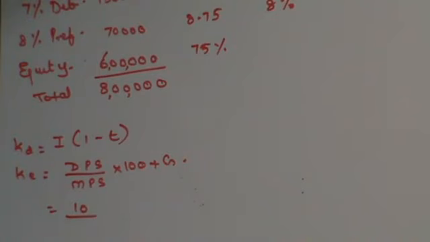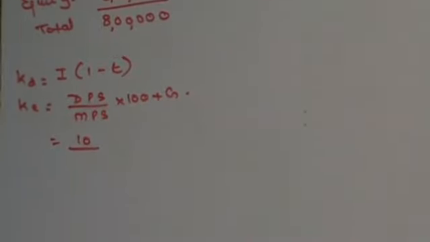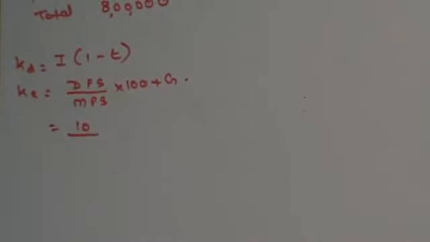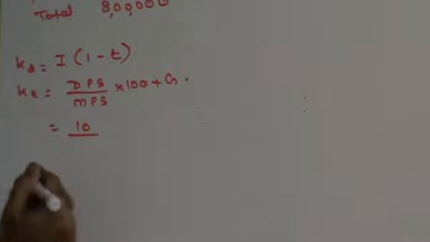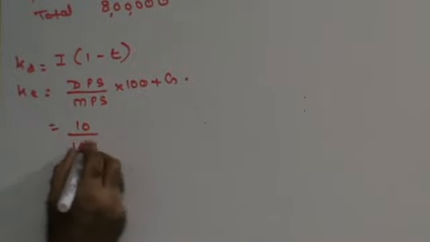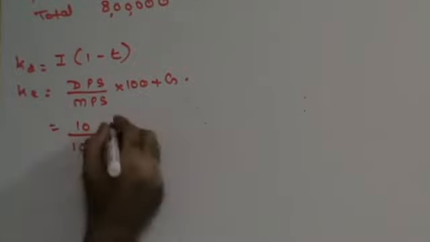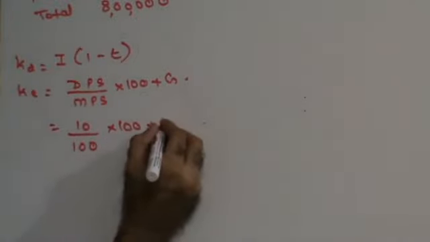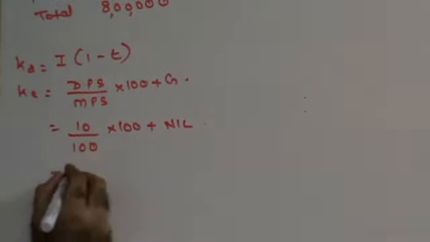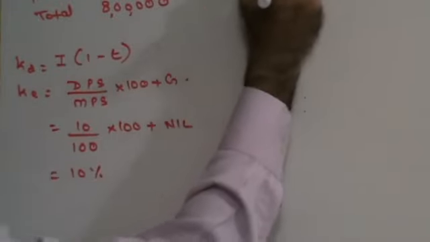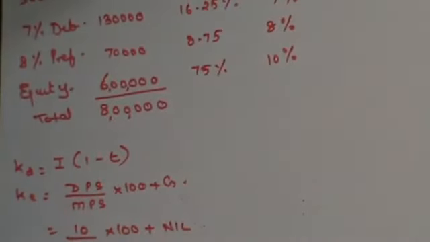All the company's securities are quoted on the local stock exchange, and the prices of these securities have recently been at par. That means the market price is the par value, which is 100. There is no growth given in the sum. So equity is going to be 10%.